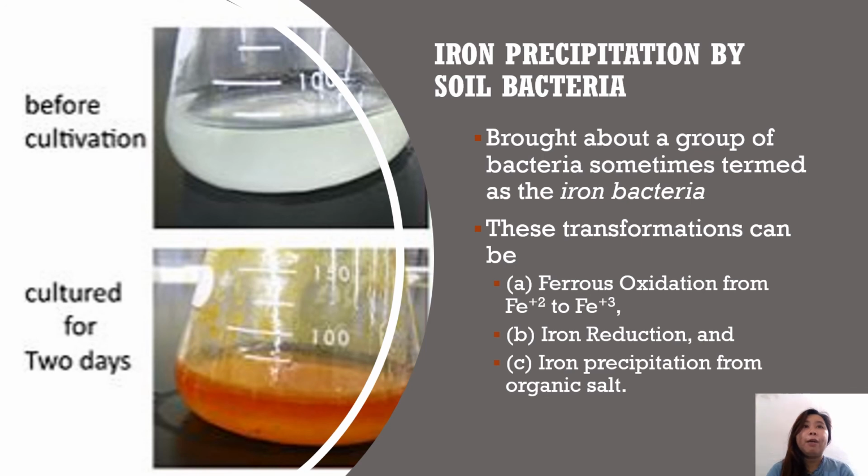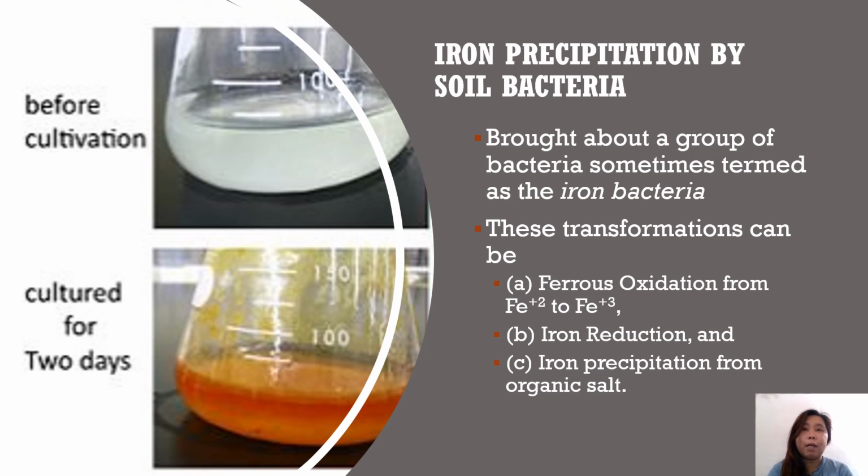So, that's it. We have discussed microbial transformations of nitrogen, phosphorus, and sulfur. Now, for the last common microbial process in soil, we have iron precipitation by soil bacteria. This process is brought about by a group of bacteria sometimes termed the iron bacteria.